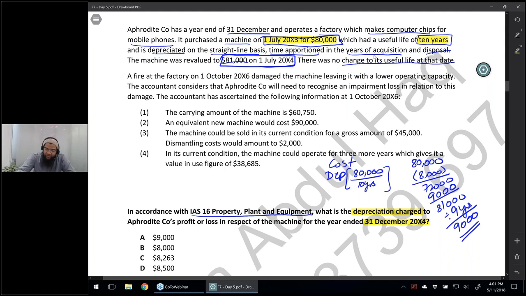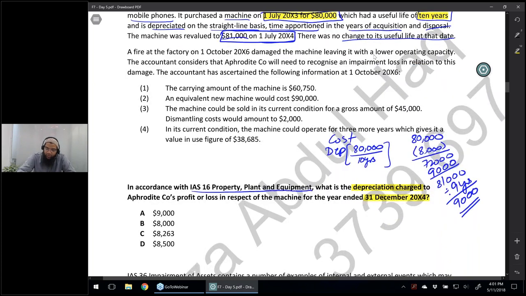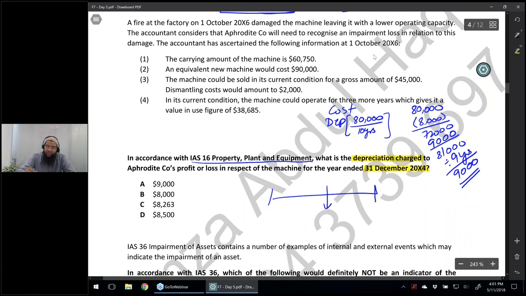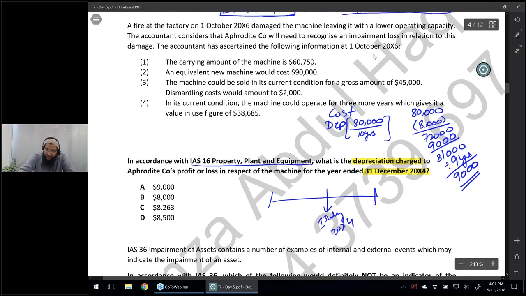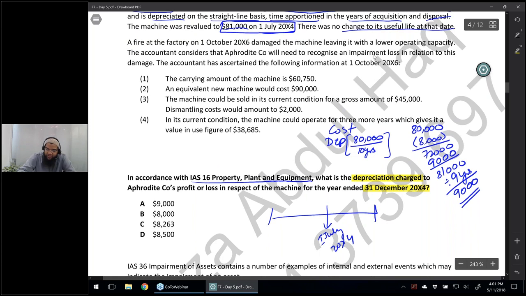And the asset has been revalued on 1st July 2014. So this means that half year depreciation belongs to the previous one and half year belongs to the new one. So the old depreciation was 8,000, and for 6 months it is going to be 8 into 6 by 12, which is 4,000. And for the remaining 6 months it is going to be 9,000 into 6 by 12, which is 4,500.